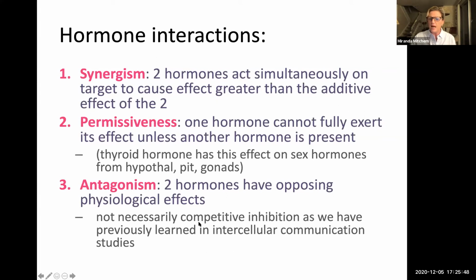I want to point out this is not equal all the time to competitive inhibition, like we learned about earlier in the semester when we were doing our intercellular communication. We'll look at some examples as we finish up this topic on the endocrine system and pathologies.